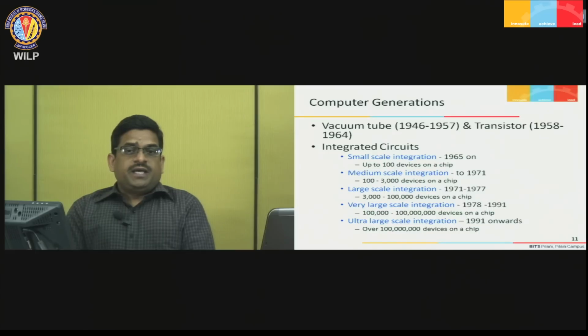Initially, around 1965, this technology was in a premature stage, and it is called small scale integration, meaning the number of transistors which could be put on a single chip was a few hundreds.